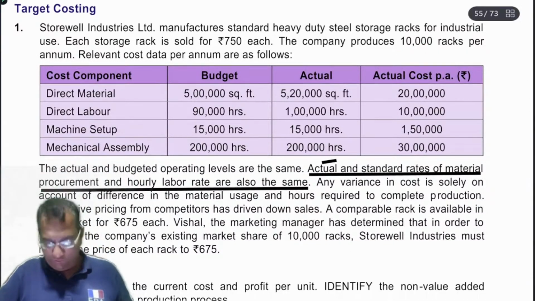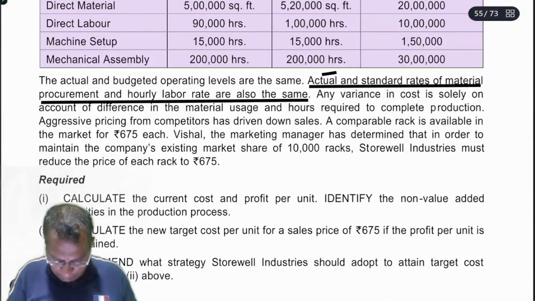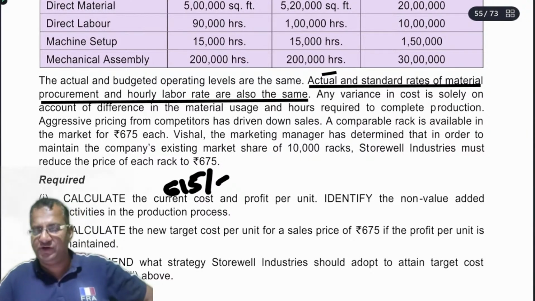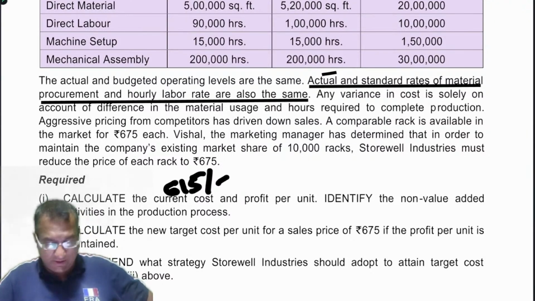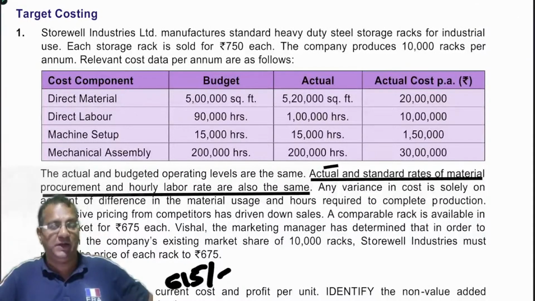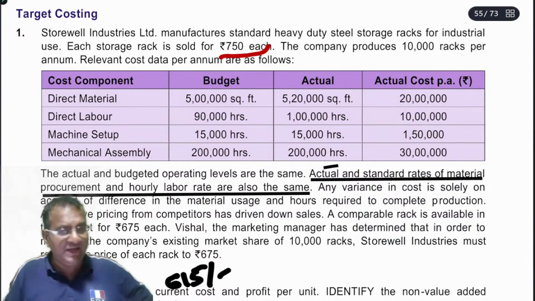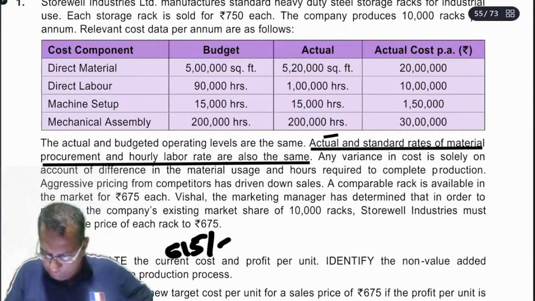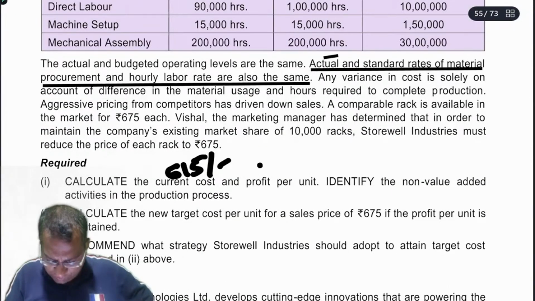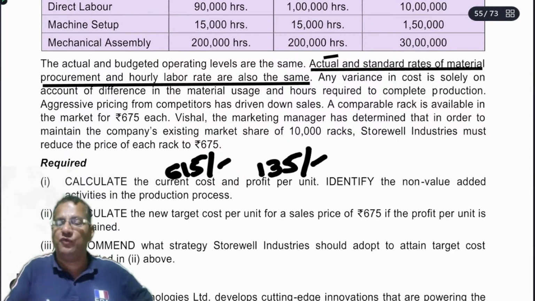So the current cost is 615 rupees, while the current sale price is 750. So 750 minus current cost of 615 will provide you the answer: profit of 135 is the current profit per unit.